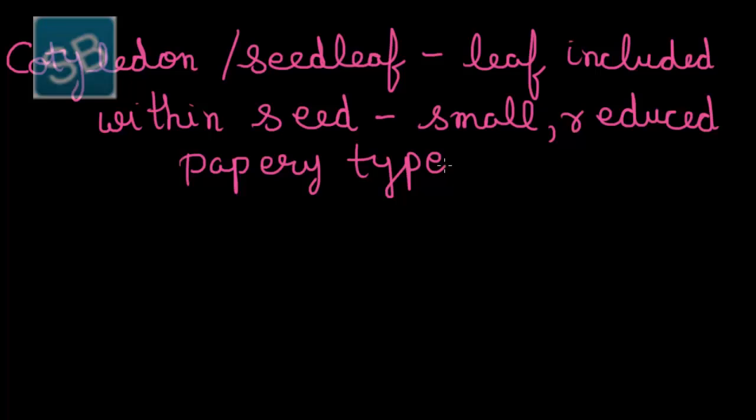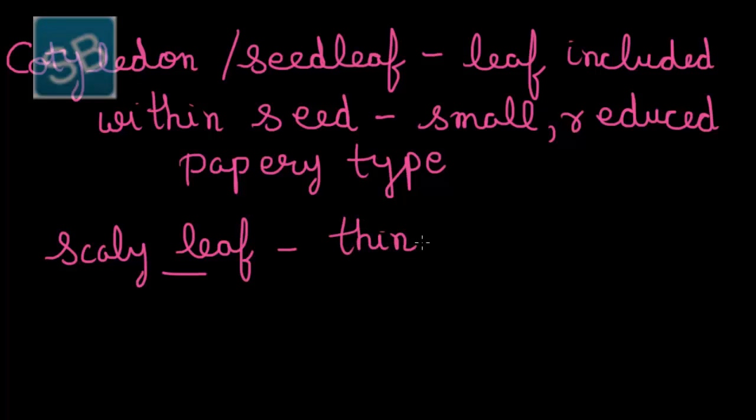Apart from this, there is also another type of leaf known as scaly leaf. Such leaves are also thin, papery in nature, and small sized.